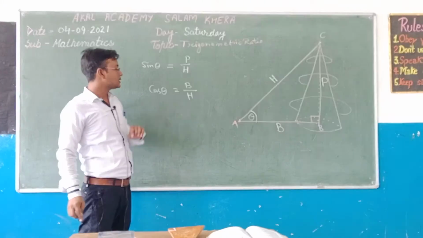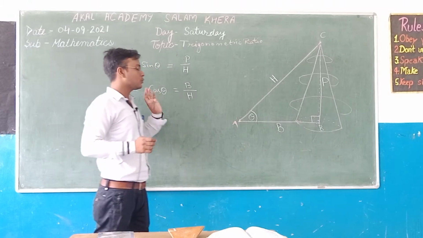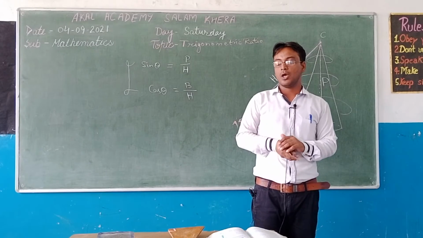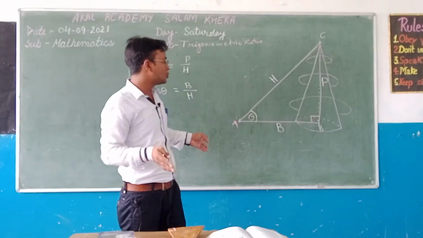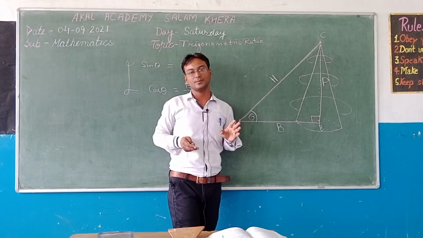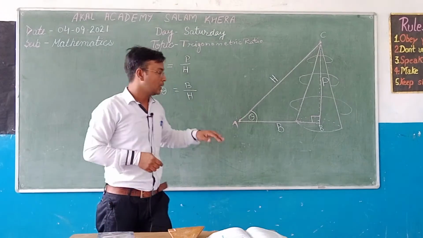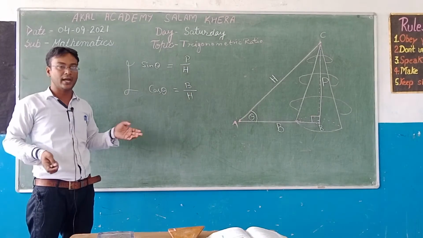So students, you need to learn these two types of ratios, sin theta and cos theta. Okay, now can you tell me how many ratios you can take using these three sides? Yes, we can take 6 ratios. 2 we have already written, the 4 more we will write.